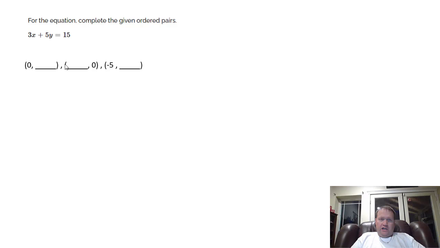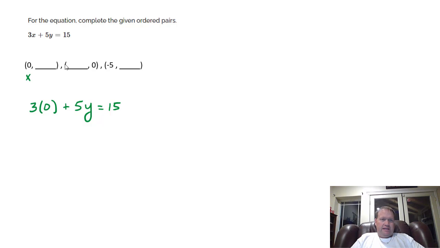Now, we're looking at a new equation that says 3x plus 5y equals 15, and we're going to fill out these ordered pairs. And this first one says 3x, but it shows right there that x is 0. So that will be 3 times 0 plus 5y equals 15.